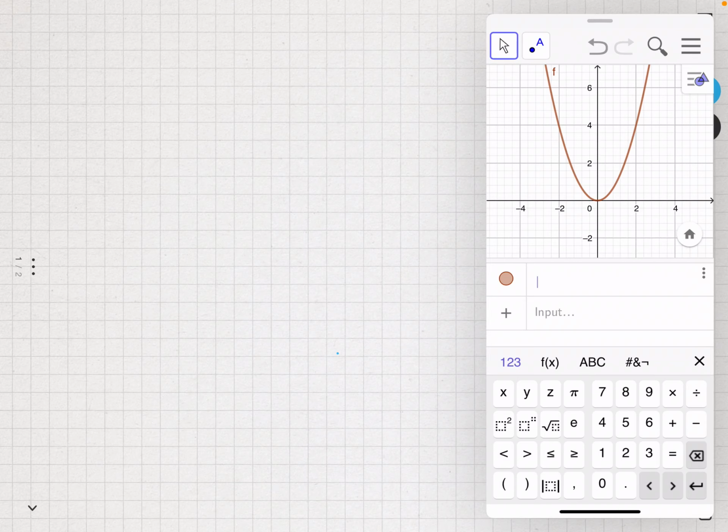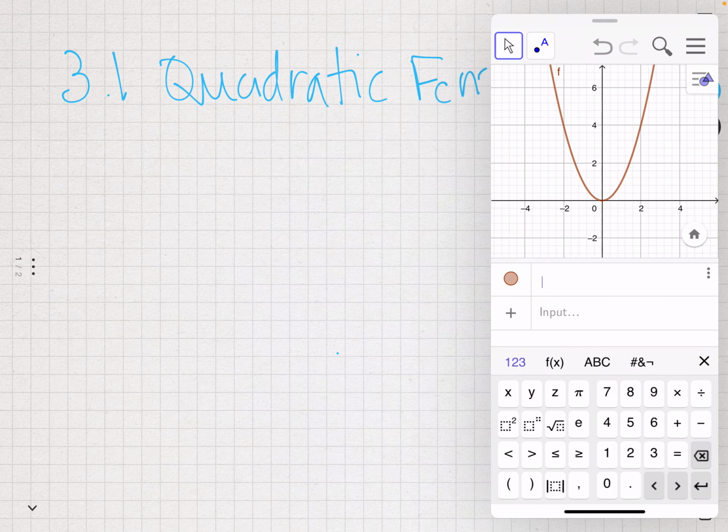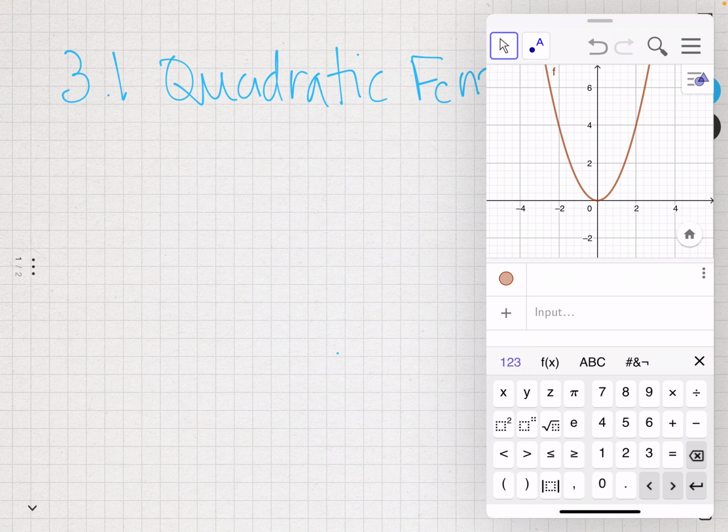Class, in today's section we're going to talk about section 3.1, quadratic functions. First we're going to remind ourselves what a quadratic equation looks like, and then extend that to a quadratic function.